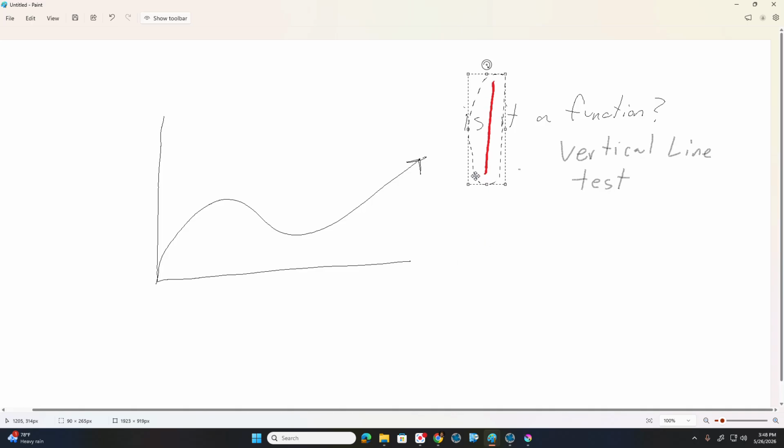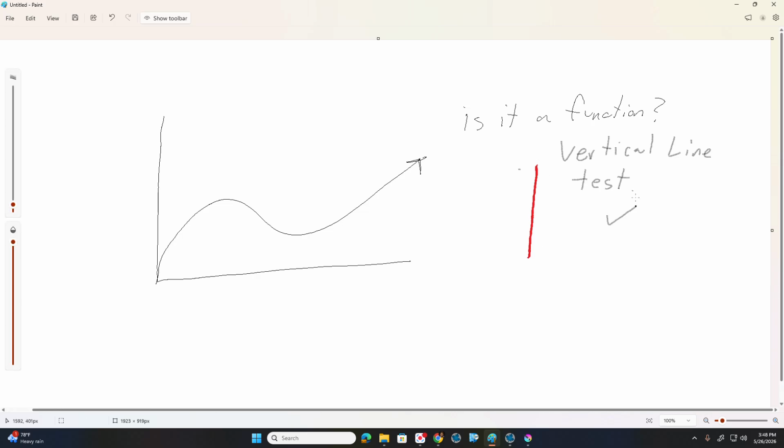We pass this vertical line through the function. We ask ourselves, where is it touching this function? And as long as it only touches this function one time, we have the ability to say it passes the vertical line test. This is a function.